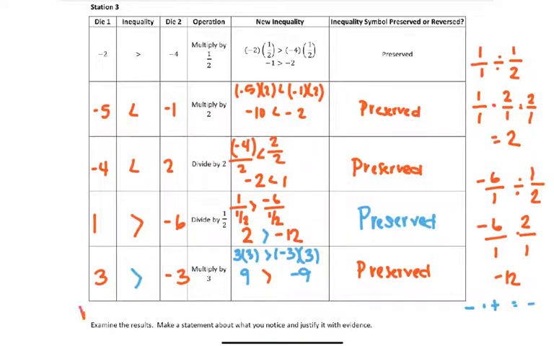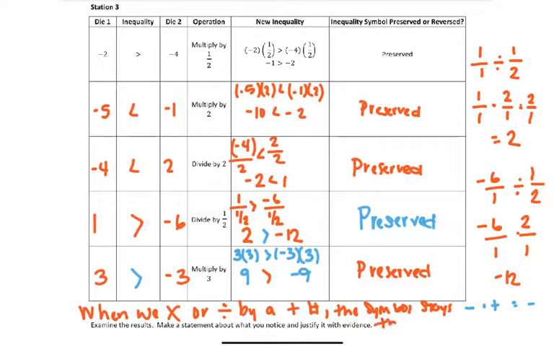So when we multiply or divide by a positive number, the symbol stays the same. When we say that the symbol stays the same, we mean that the symbol is preserved. I'm going to write that down here: preserved. That's the word we're using to say that the inequality symbol is staying the same.